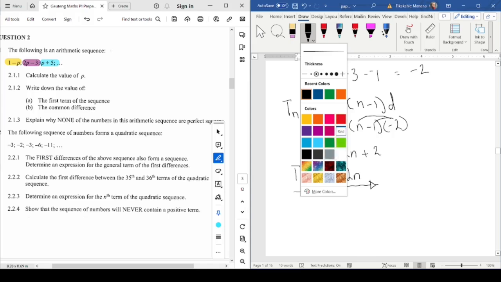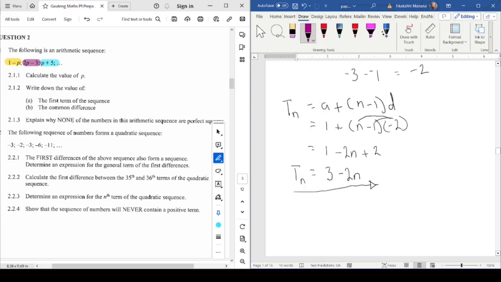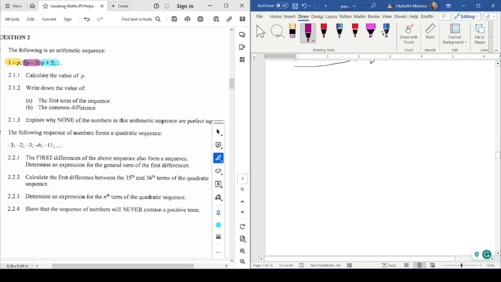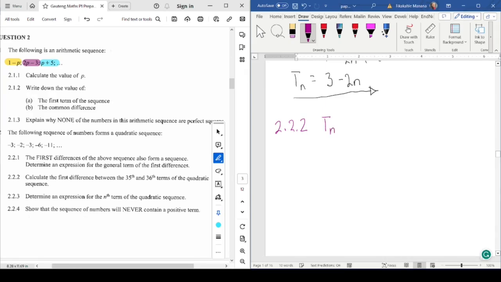In question 2.2.2, I'm going to take this Tn, which is 3 minus 2n, and substitute the 35th term.